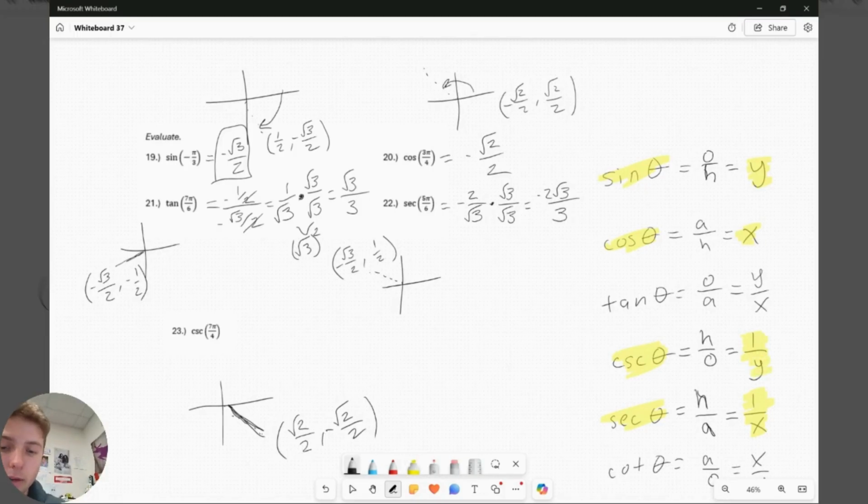The reciprocal of sine means I'm going to flip whatever the y value is. The y value in this case is negative root 2 over 2, so the reciprocal is negative 2 over root 2. But again, you do need to rationalize. In this case, we get negative 2 root 2 all over 2, or just negative root 2 once you simplify.